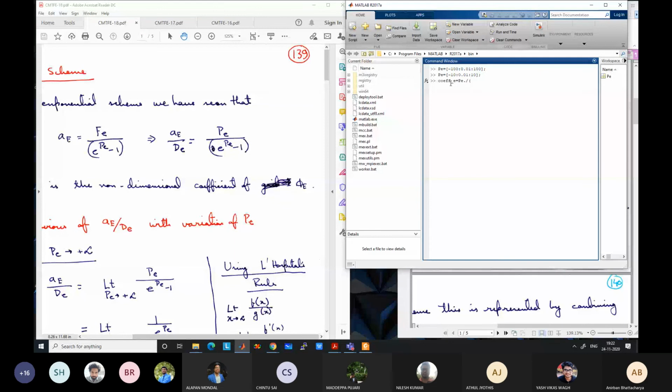Can I write e to the power here, or let me just check once. So EXP, and bracket PE term. But I am also thinking whether E also gives the same thing or not. I know that EXP will give it correctly. No, E does not. I was just thinking because it came to my mind. Yeah, EXP, I also use EXP. That is true, but I was just curious.